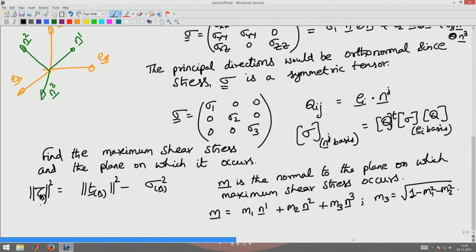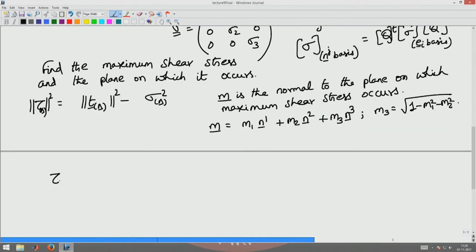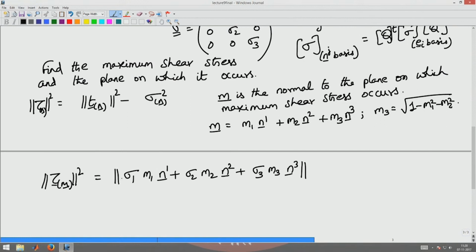The shear stress on this plane, tau of m squared, would be the norm of the vector sigma 1 m1 n1 plus sigma 2 m2 n2 plus sigma 3 m3 n3 squared, minus the normal stress acting on that plane, which would be sigma 1 m1 square plus sigma 2 m2 square plus sigma 3 m3 square.